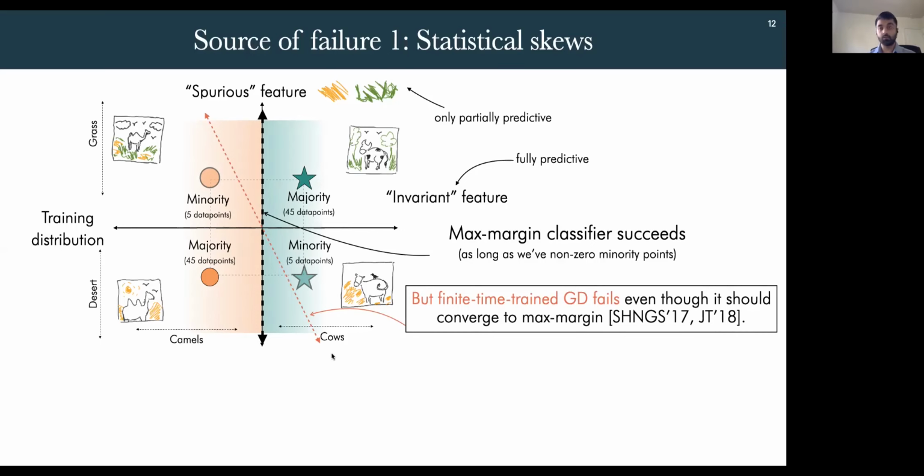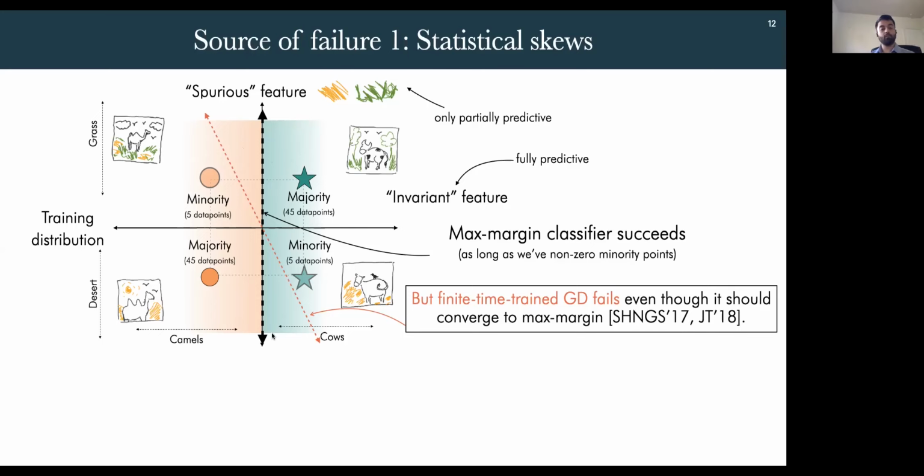So even though it's eventually supposed to converge to the max margin classifier and get rid of this dependence, in practice, when you train it even after a long time, you'll observe that it still uses the spurious feature. So this suggests that there is something to do with finite time gradient descent which causes the classifier to fail in this setting. And I want to know what that is.